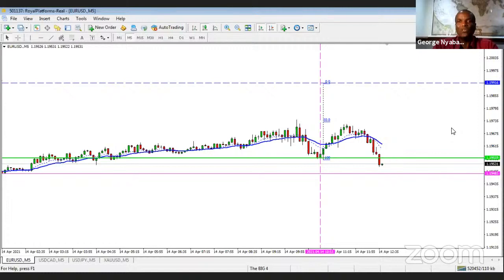So in this case, we're talking of a double bottom. I want to see the double bottom test a particular level. And once I see that, I want to see the market then coming back to create a higher low above that, and that becomes a tradable setup. So the creation of the double bottom itself is not a setup that I'll be trading.